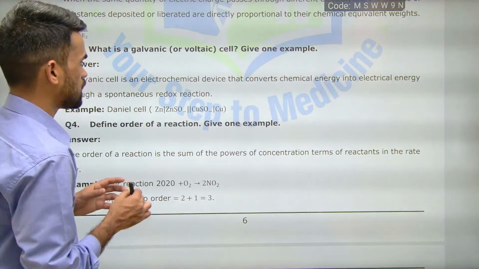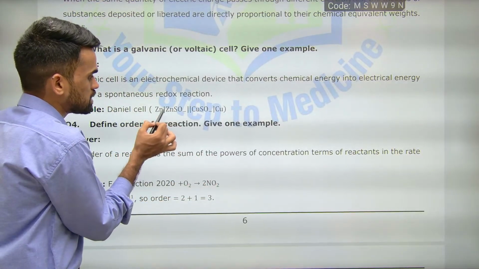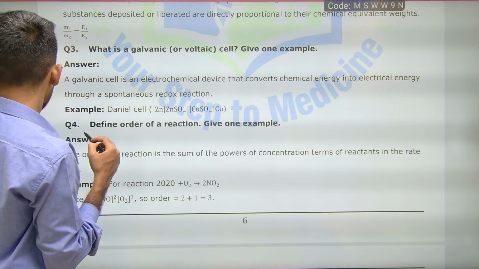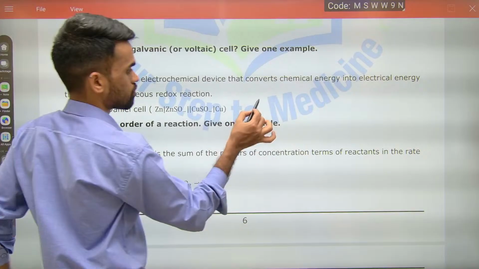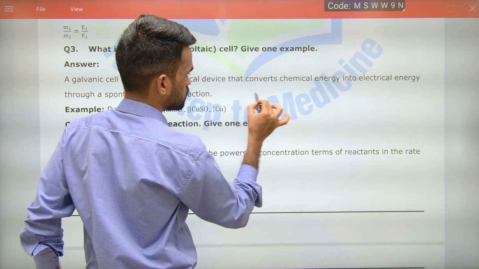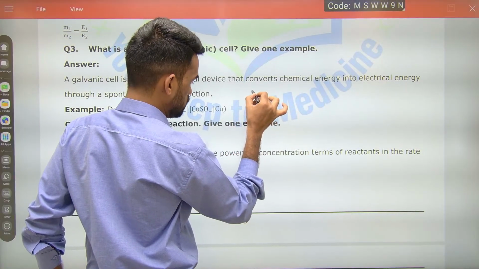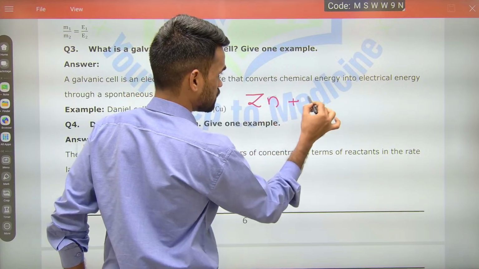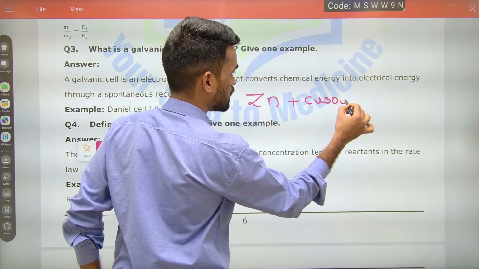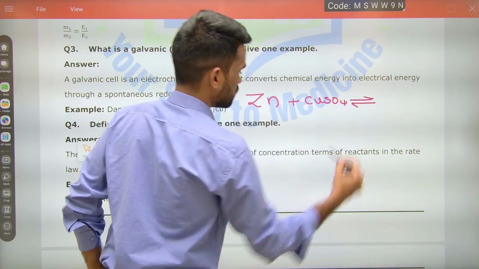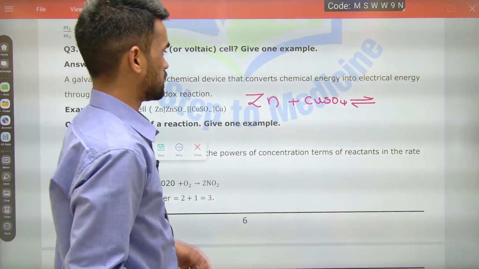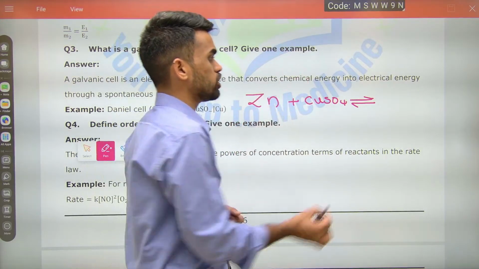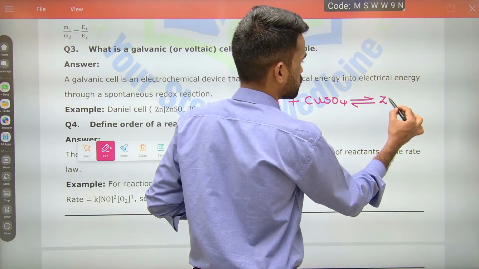So for example here, copper sulfate is there, Zn and ZnSO4. Let me write the reaction. Zinc plus copper sulfate: this zinc spontaneously undergoes oxidation when it reacts with the copper sulfate solution.